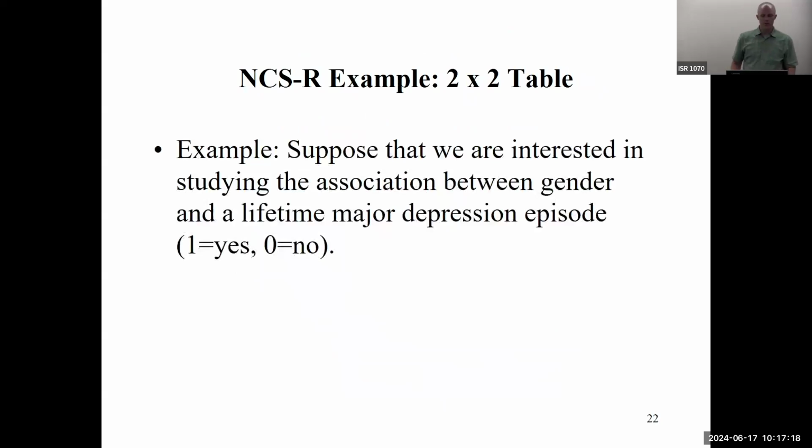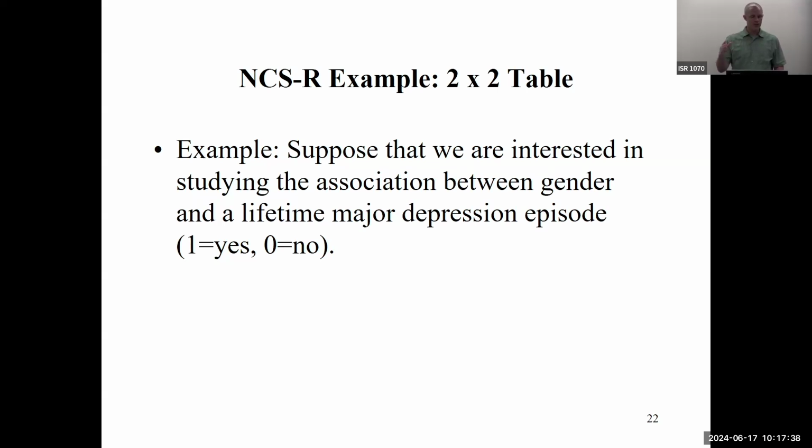Let's look at an example based on the National Comorbidity Survey, where we're looking at a 2x2 table to start with, just to keep things pretty simple. Suppose that we're interested in studying the association between gender, which in this data set has 2 categories, and a lifetime major depression episode.